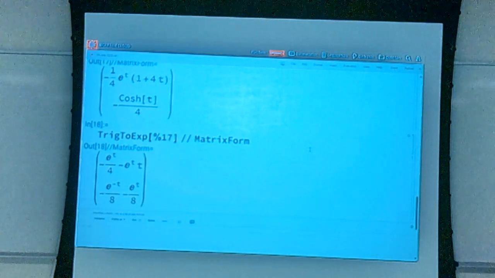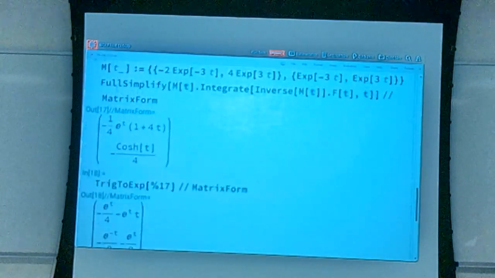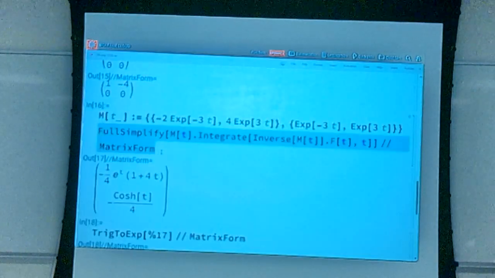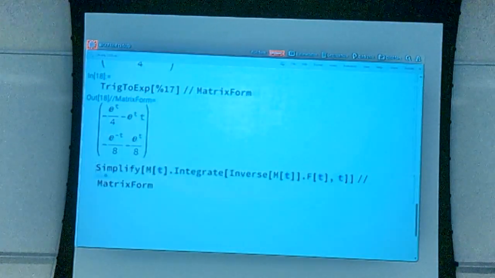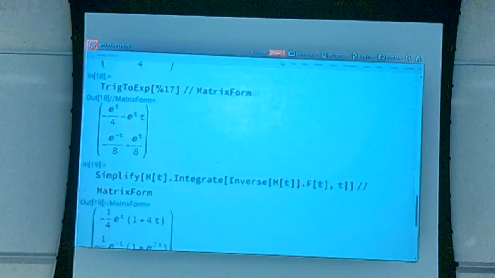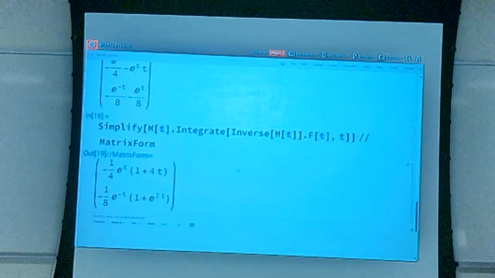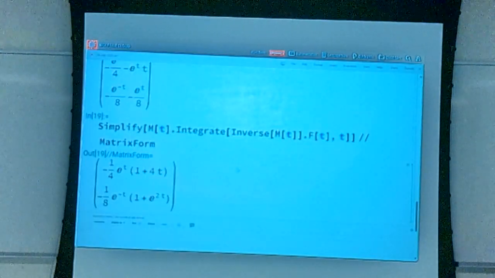That might be it. Let me test that. That was there, that's why. Full simplify gets the hyperbolic, just regular old simplify will keep exponential. And that would be your particular solution using variation of parameters.